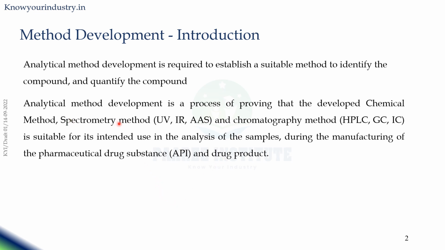Analytical method development is a process of proving that the developed chemical, spectrophotometric, or chromatographic method is suitable for its intended use in the analysis of samples during the development and manufacturing of the pharmaceutical drug substance or drug product.